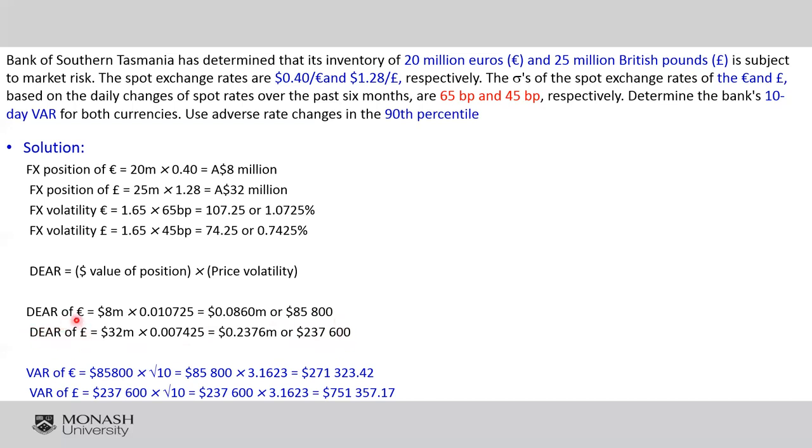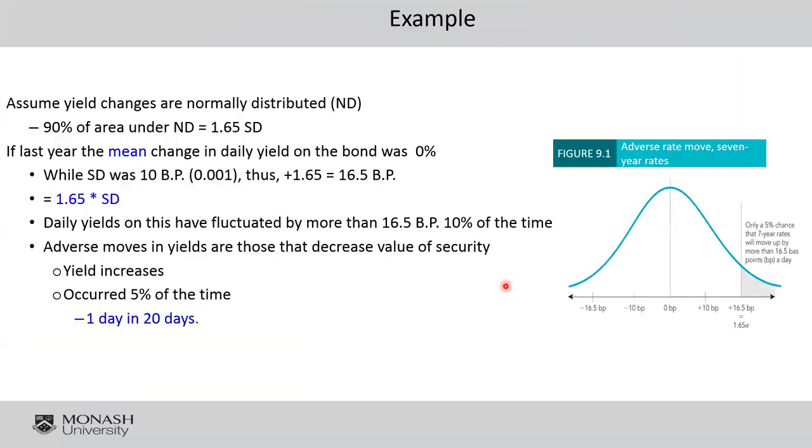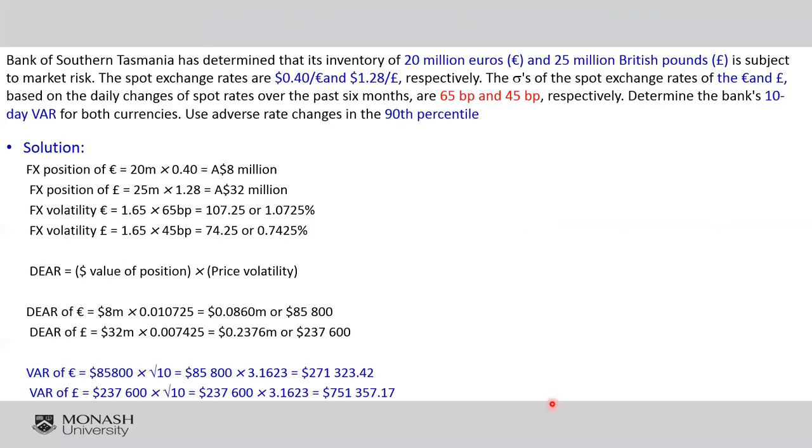This is in 1 day. According to this calculation and according to the change in the historical exchange rate and the Z value under the 90%, we didn't do anything. We just calculate under the 90% how much the change will be, as I told you, under the 1.65.